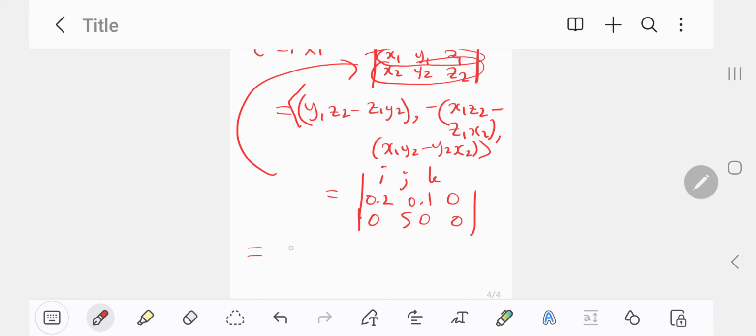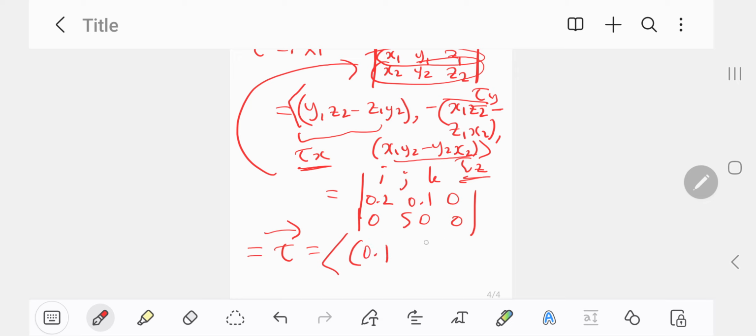Okay, let's do this. Let's work out the components. Okay, torque. So this here is the X component of torque. That's the Y component of torque. And that's the Z component of torque. Okay, so the torque is as follows. Let's do it. Y1 is 0.1 times Z2, which is 0. That makes life easy. Minus x1 z2, so x1 is 0.2.